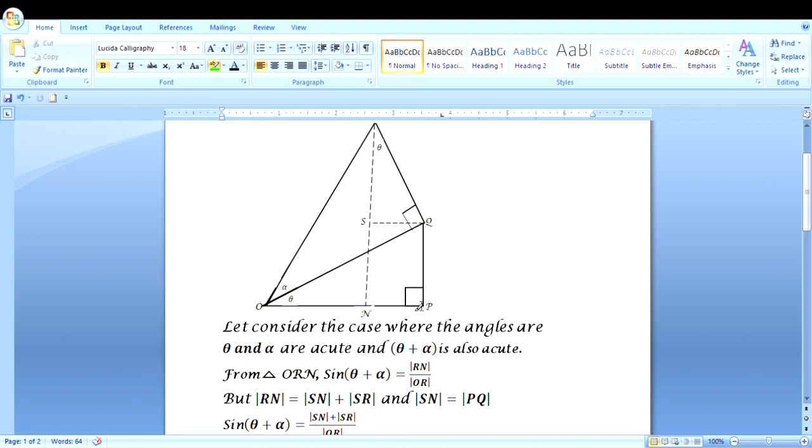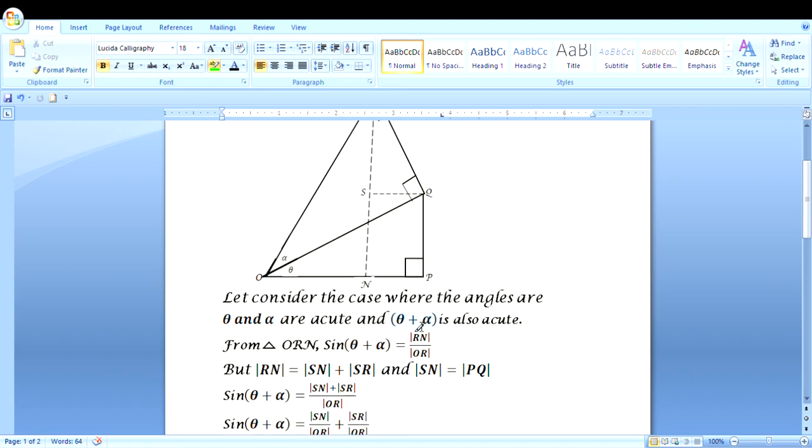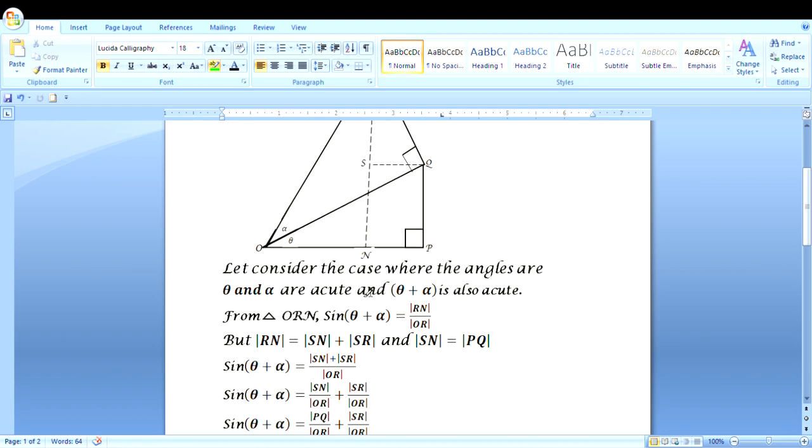Now let's look at the two angles involved. We have the alpha and theta, or theta and alpha. Here, let's consider the case when these two angles, alpha and theta, are acute angles, and that their sum is also acute. You know, acute angles are those angles that are usually less than 90 degrees.